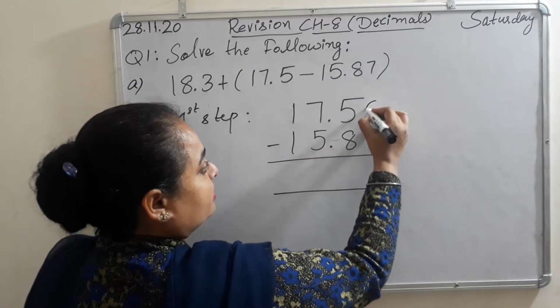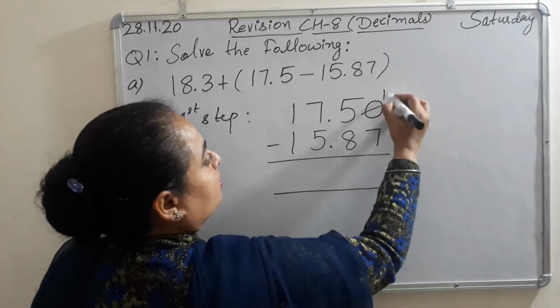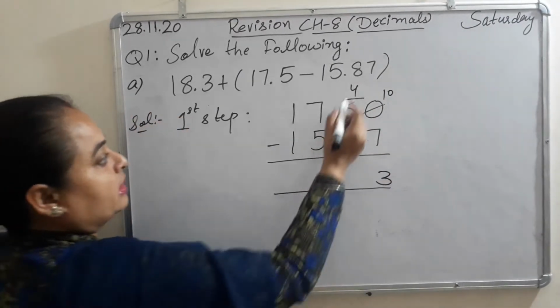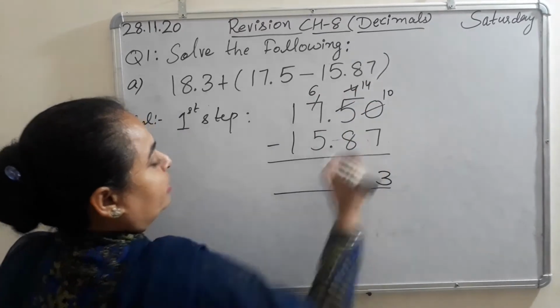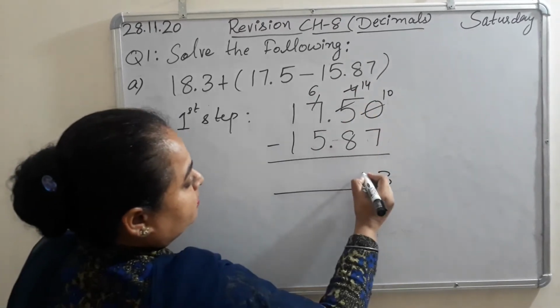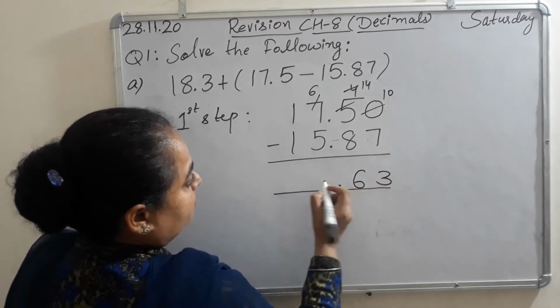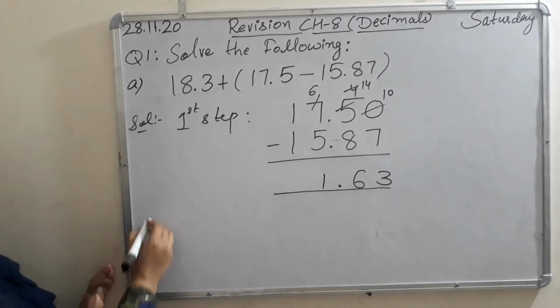Here you will write 0. Now, 10, 3, then 6, 14, 6 minus 5, 1.